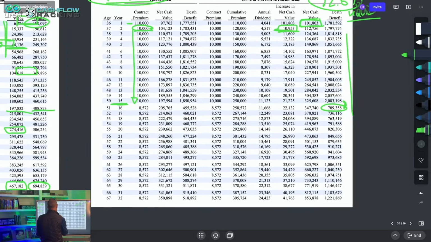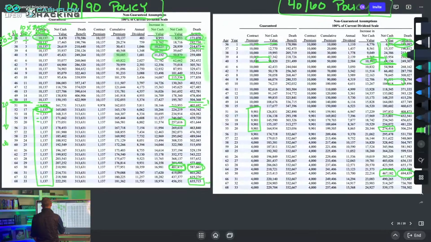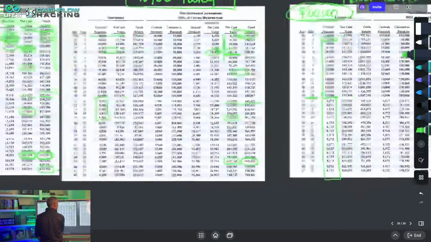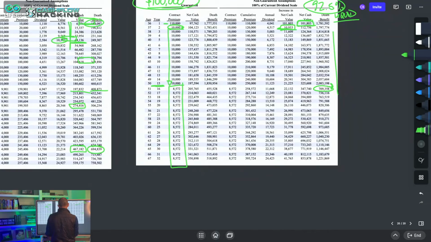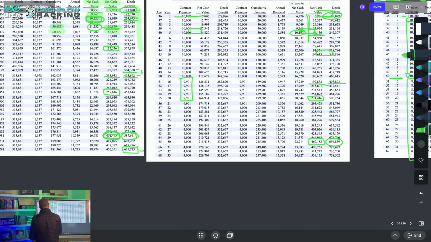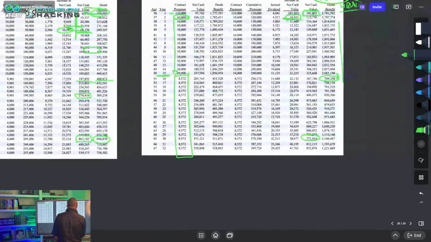Not only did you get all those other benefits of the liquidity effectively, but you were able to keep funding it at a much higher level, which is pretty powerful because that's going to allow it to grow. So now you get down to year 30 and you have 771,000 instead of 401,000, and instead of $587,000 of death benefit, you have $1.146 million of death benefit.